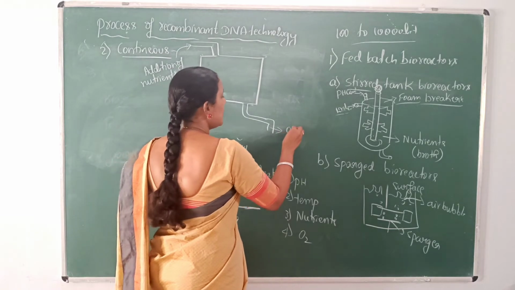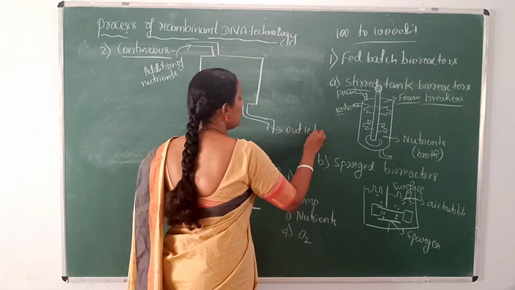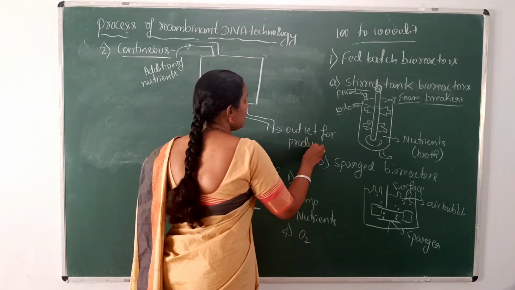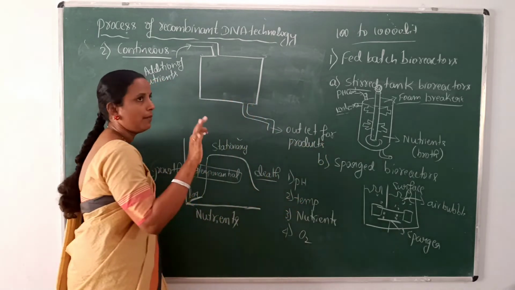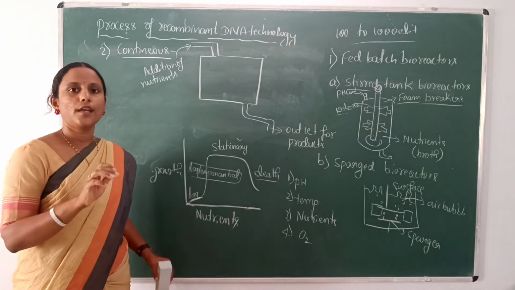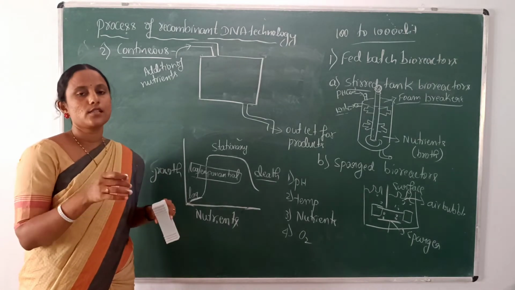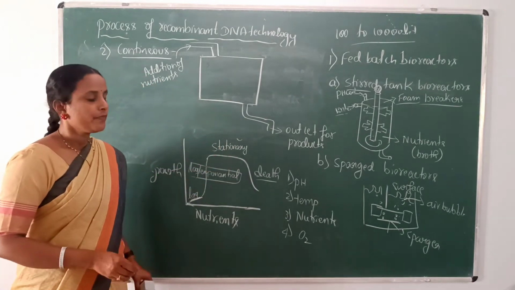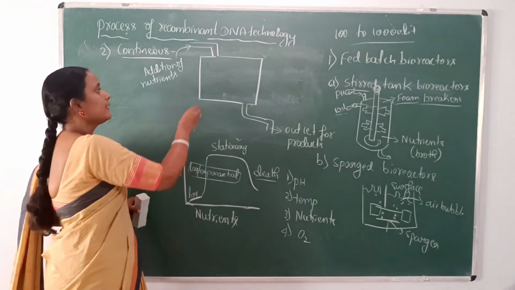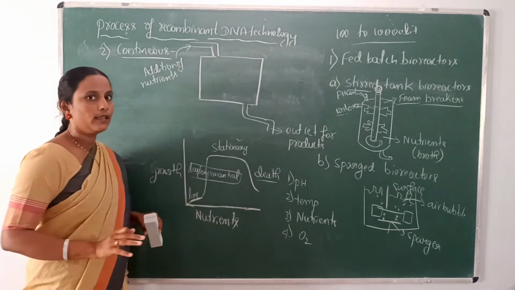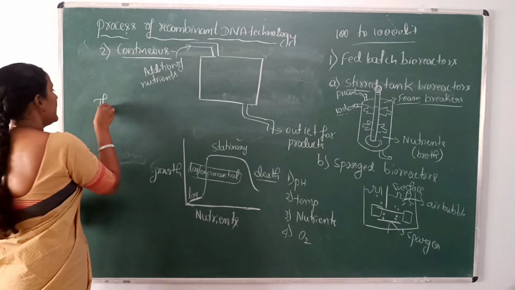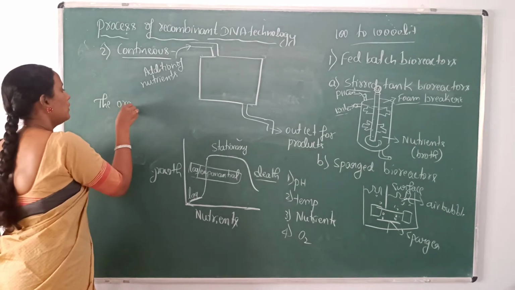It is outlet for taking the products. And of course here also temperature, pH, foam breaker, everything will be there. Controlling systems, all of will be there. I am not going to explain this again here. But the thing is, in this system, in the continuous bioreactors, the organisms are maintained at metabolically active phase.